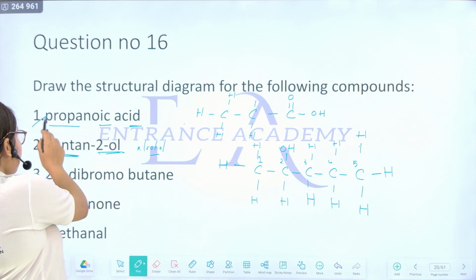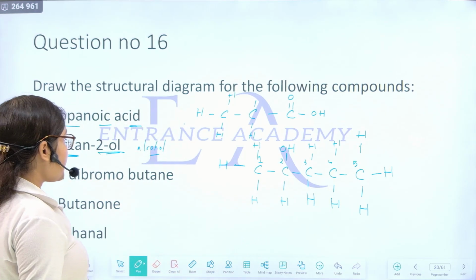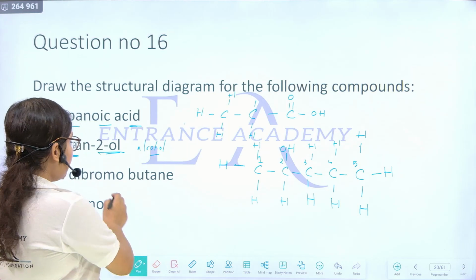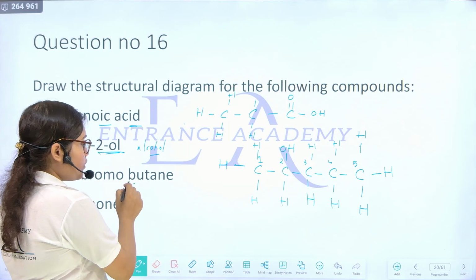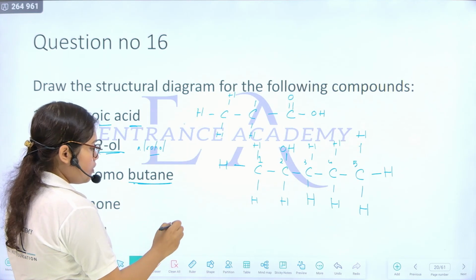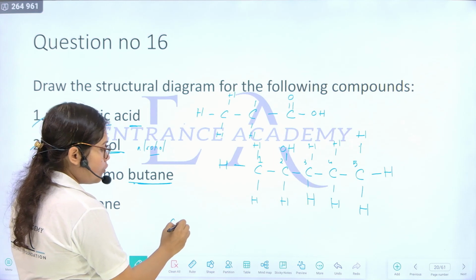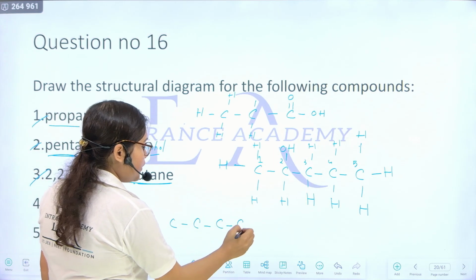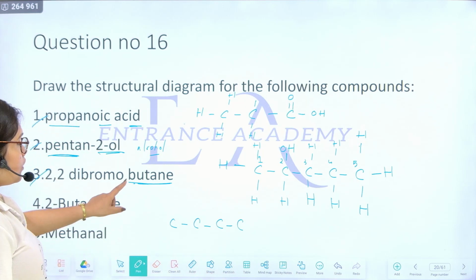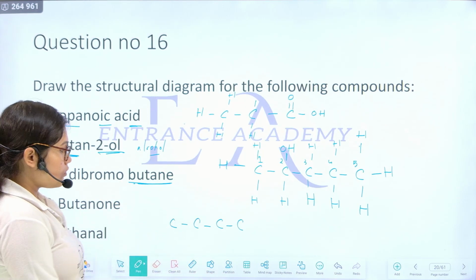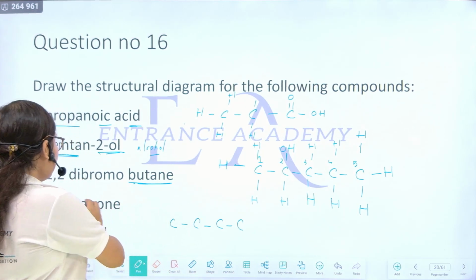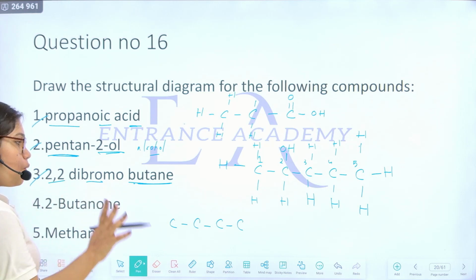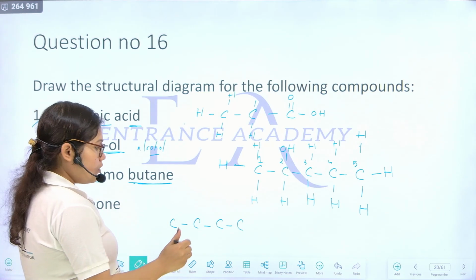Next one is 2,2-dibromobutane. Dibromobutane, the root word is butane. 2,2-dibromo. But, number of carbon 4. Then 2,2-dibromo. So bromine is present, the halogen bromine. Dibromo.